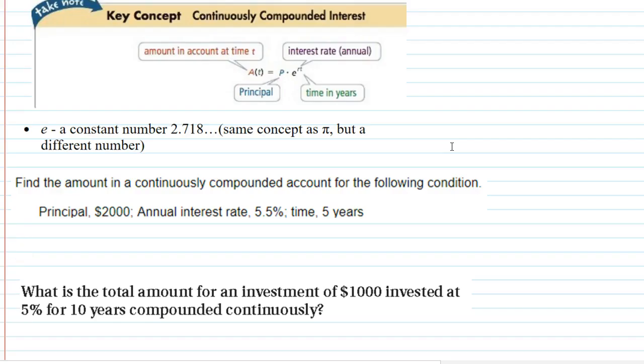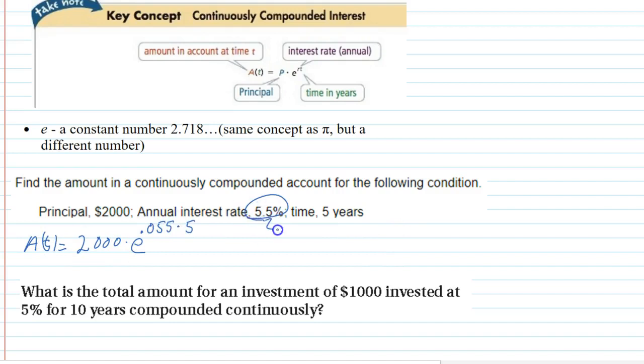Up above, we mentioned the continuously compounded interest. Here's the formula again. Remember, e is just a constant that you're going to use in your calculator. Next question says, find the amount in a continuously compounded account for the following condition. They give us the principal is 2,000, the annual rate is 5.5%, and it's 5 years. So we set it up like this.